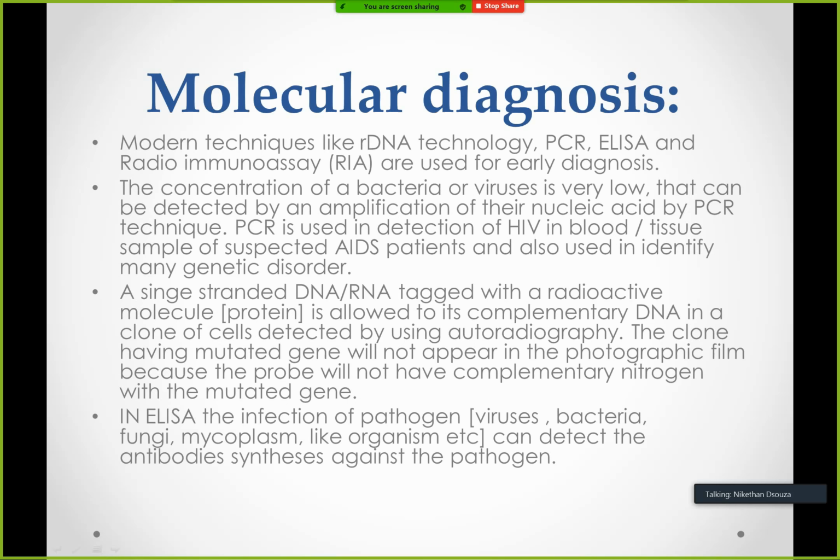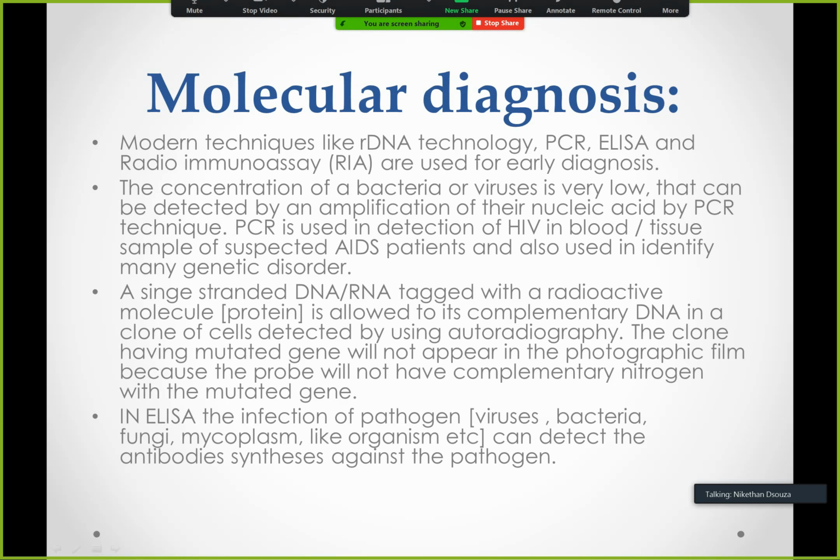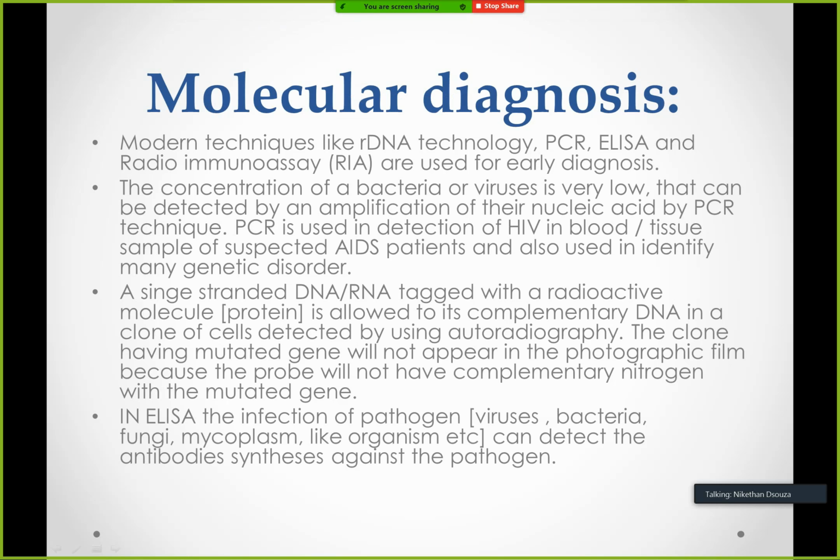Next, coming to molecular diagnosis. Here, modern techniques like PCR, ELISA and radioimmunoassays are used for diagnosis. Coming to PCR, the viruses we obtain will be very low in number, so they need to be amplified.